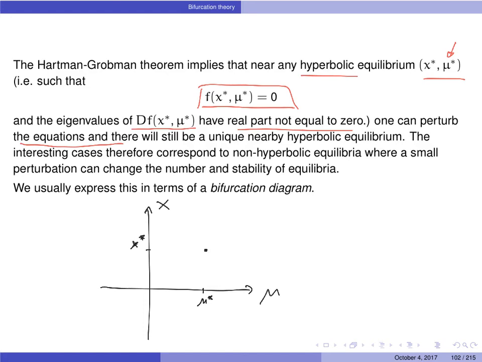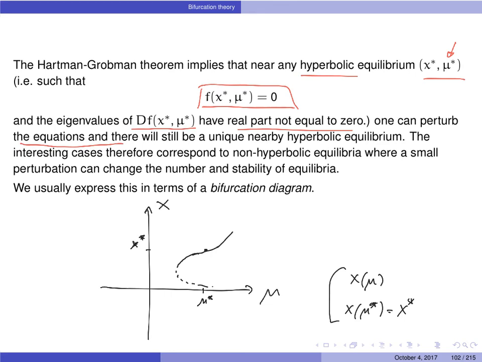If that equilibrium is hyperbolic, this means that on changing mu, there will be a continuation of that x star. So if you like, x will be a function of mu, such that x of mu star is equal to x star. There will be what we call a branch near mu is equal to mu star. However, this is typically not a global property, so we may have a branch here that becomes vertical and turns around.